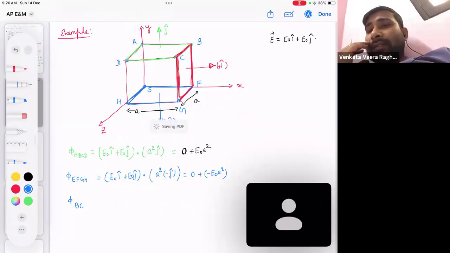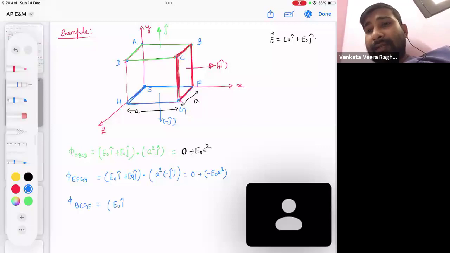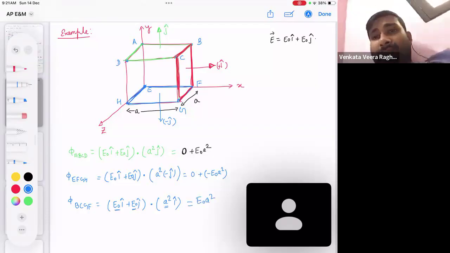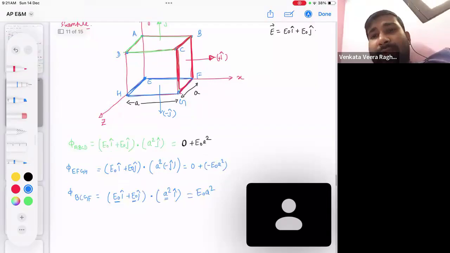The area vector is in the plus I cap direction. The electric field is E naught I cap plus E naught J cap, and the area vector is A square plus I cap. So how much is that coming? E naught A square. The J cap component on the other side is 0. So that's it.